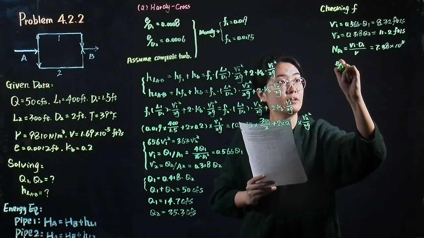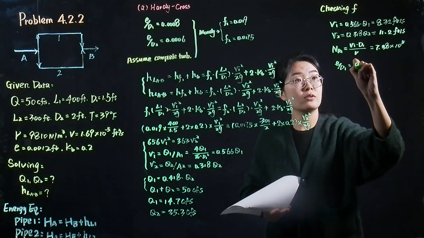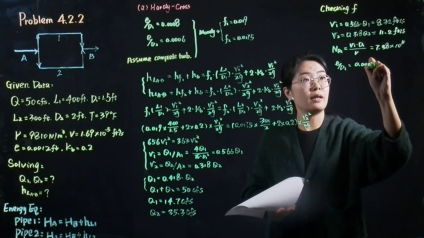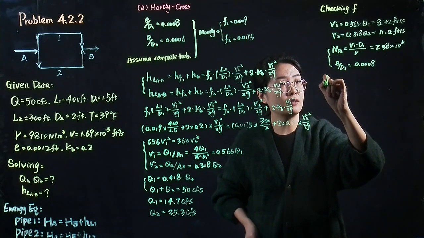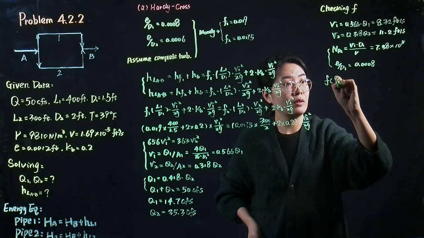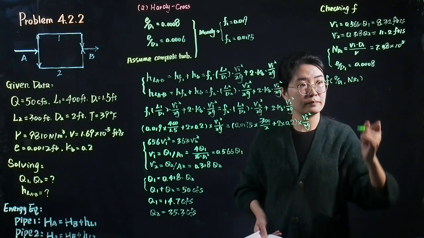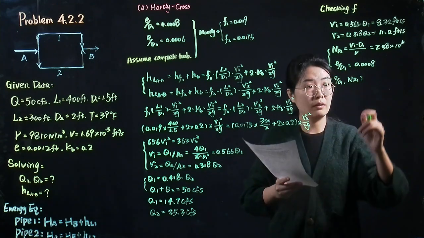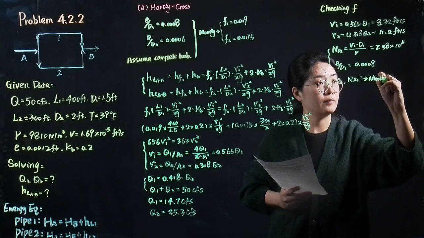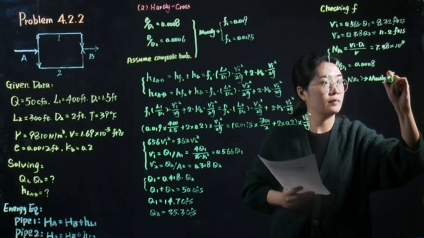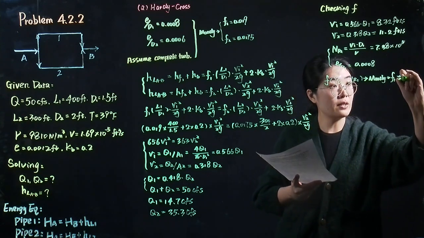And the relative roughness, we just calculate, equals 0.0008. And then, based on the Moody diagram, we can read the value of friction factor. It is close to our assumption.